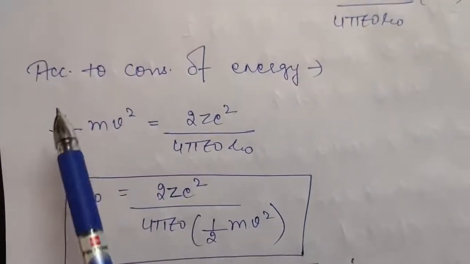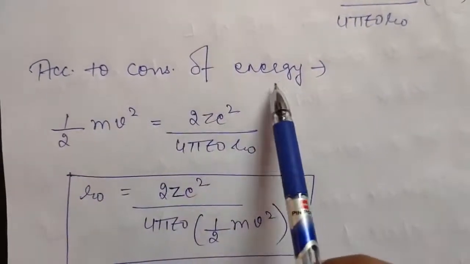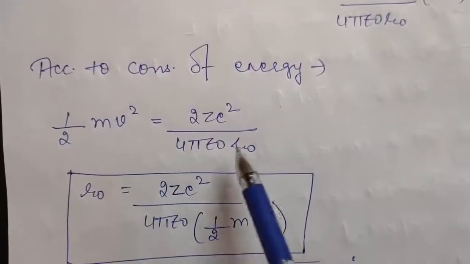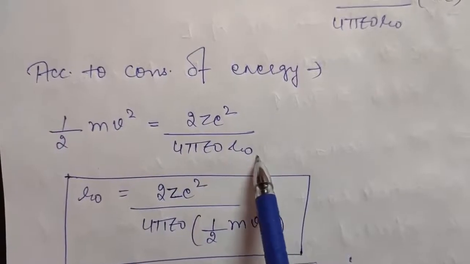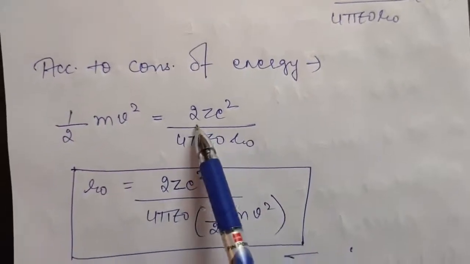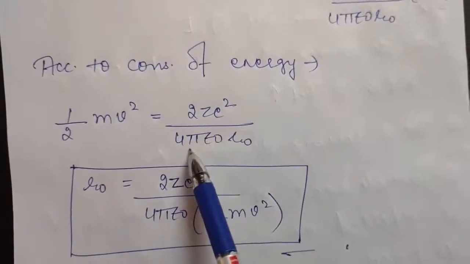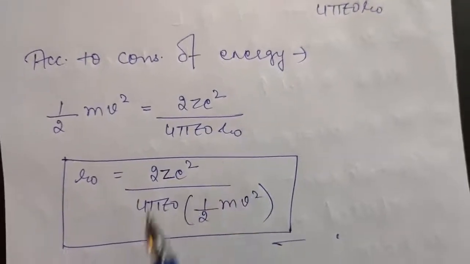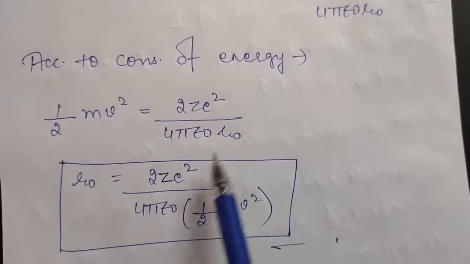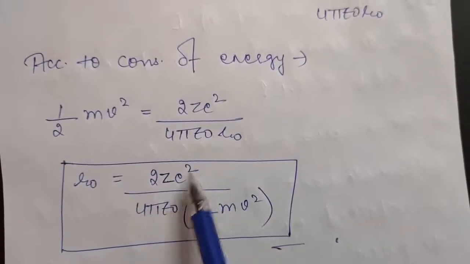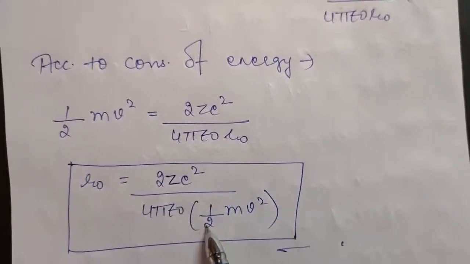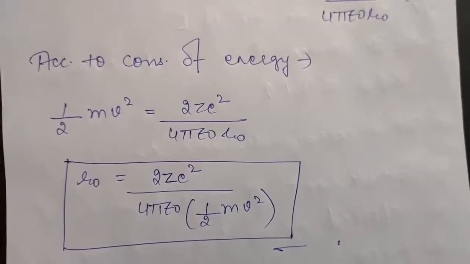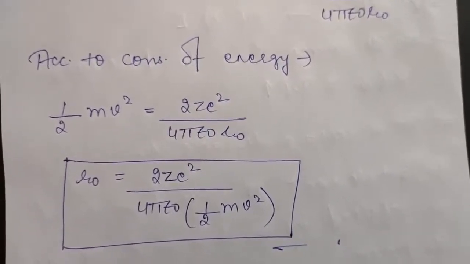So half mv square will be equal to the potential energy at distance r0, that is 2Ze square upon 4 pi epsilon naught r0. From here, if you calculate the value of r0, it comes to be 2Ze square upon 4 pi epsilon naught into half mv square. So this is nothing but the distance of closest approach.